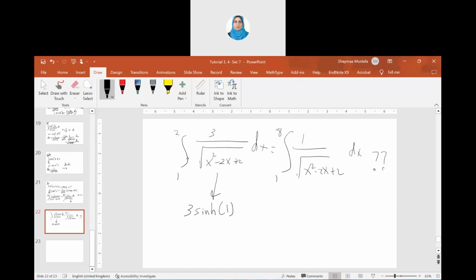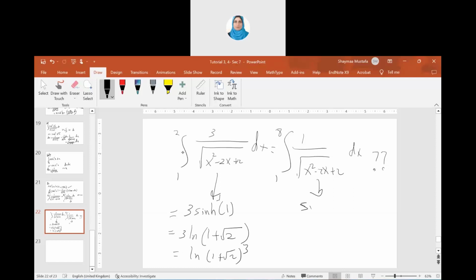Okay, so by using the natural logarithm expression for sinh inverse 1, we find it is the natural logarithm of 1 plus square root of 2. Okay, what about this one?